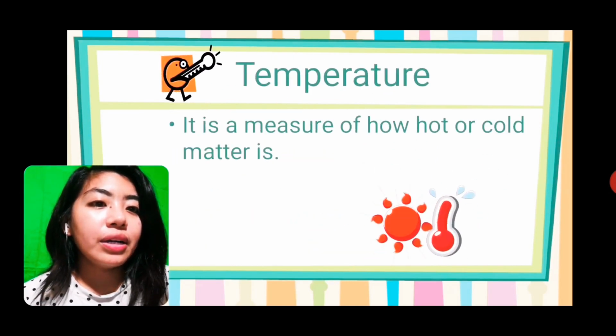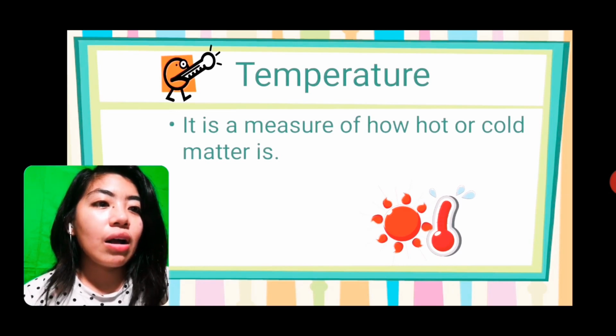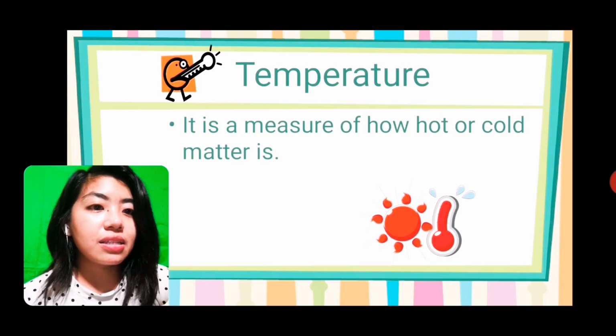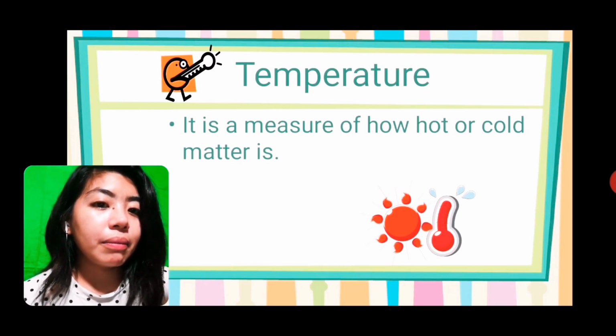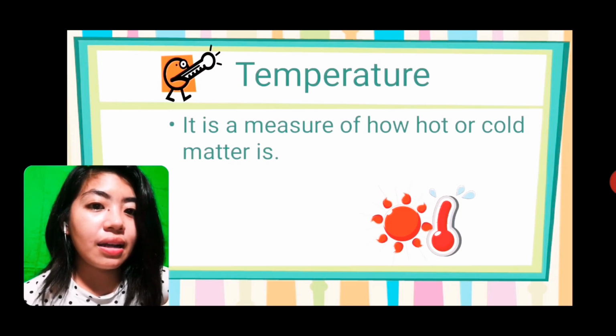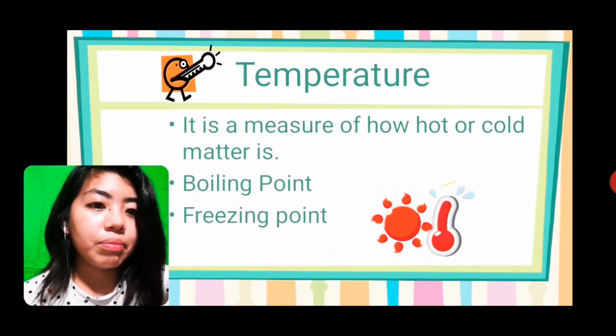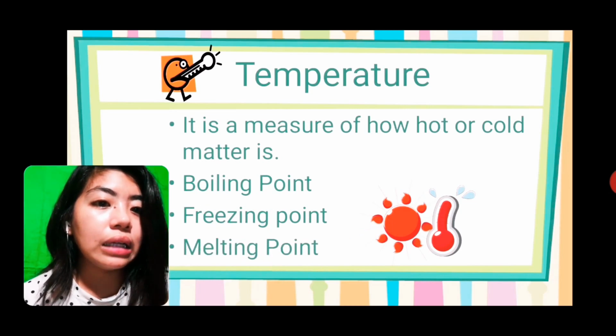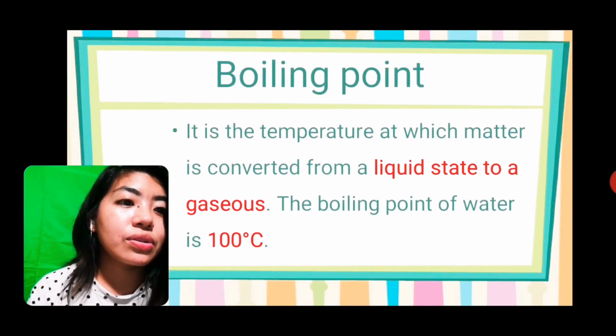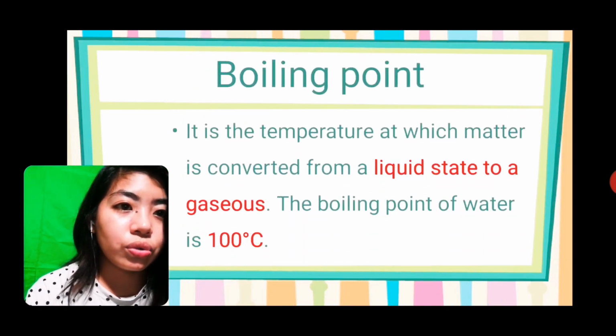Next. Temperature, it is a measure of how hot or cold the matter is or simply the presence or absence of heat. Siyempre, pag mainit, there is a presence of heat. Pag malamig, there is an absence of heat. So, we have here the boiling, freezing, and melting point. Pag sinabi nating boiling point, liquid state to gaseous.